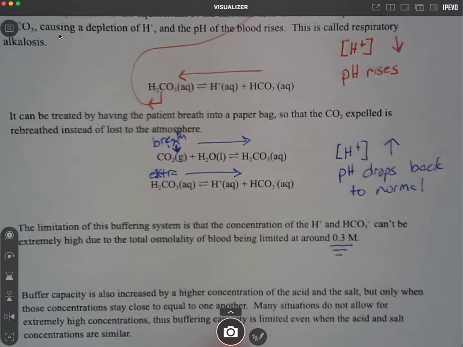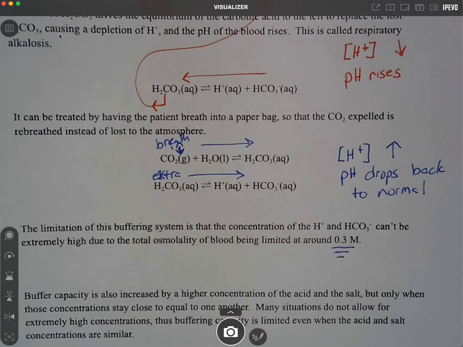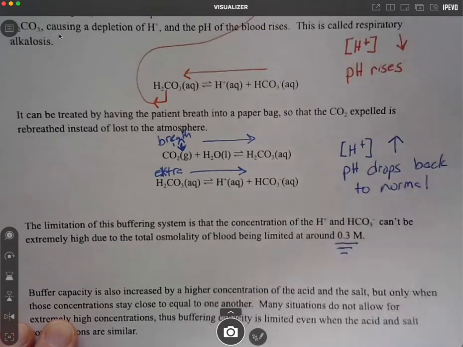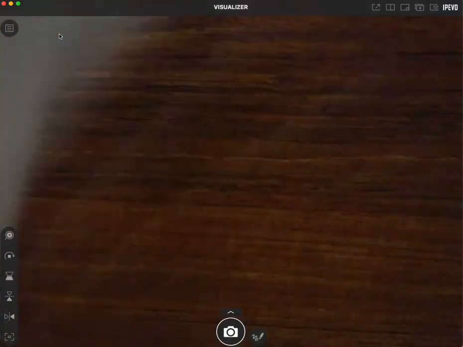And so your blood can't be an extremely good buffer. It can only buffer against minor changes in carbon dioxide. And when your body starts to not function properly, you get major swings in CO2 concentration, and your blood is unable to compensate for that. Okay, so that kind of wraps up the stuff that goes with buffering.